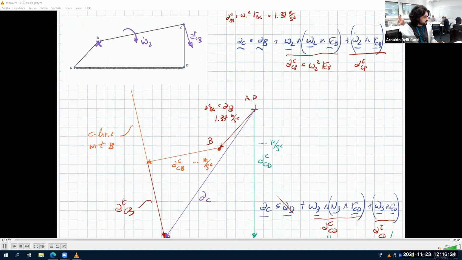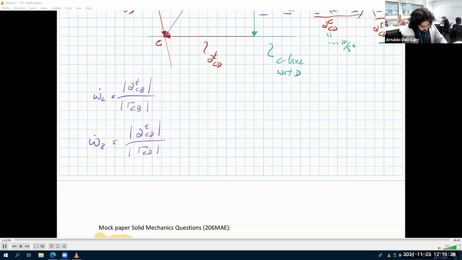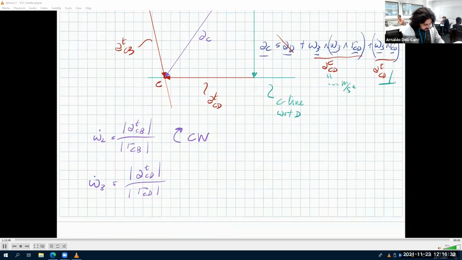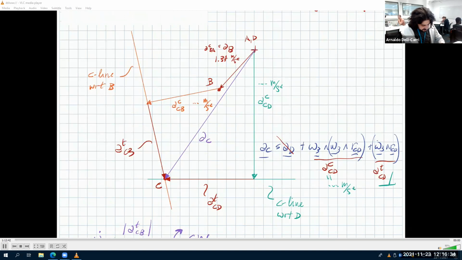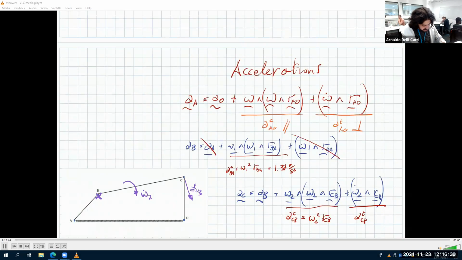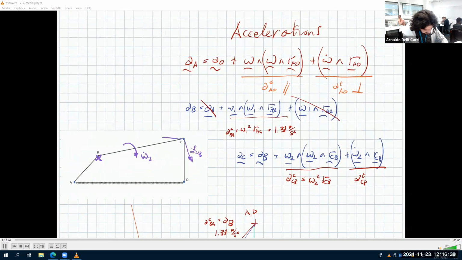Okay, it must be. And omega 3 dot, well, ATCD. So C with respect to D is going in this direction, with D fixed. So that means that omega 3 dot is counterclockwise.